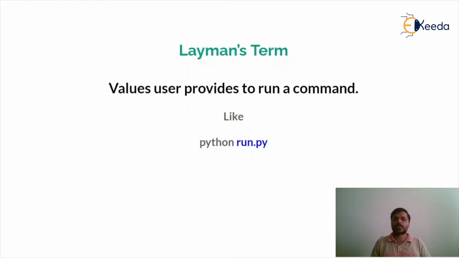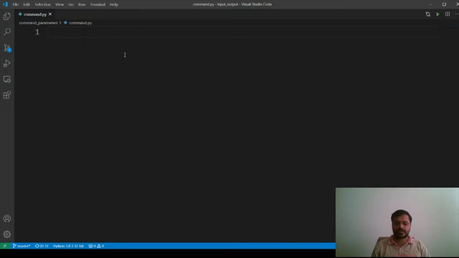Now let's see how we can use these command line parameters to provide values to the script. For this, we are going to take help from the Python interpreter and import a library into our program which allows us to read the command line parameters that the user has entered.